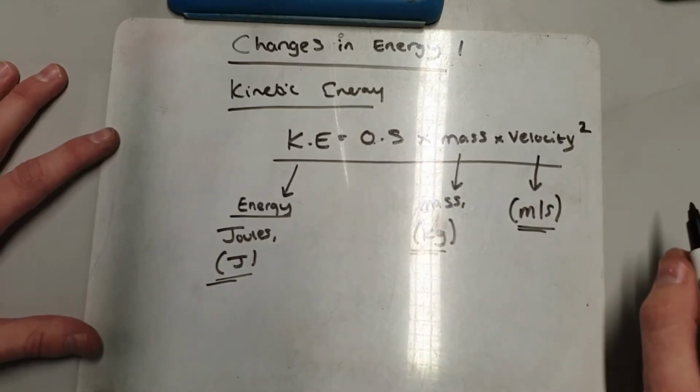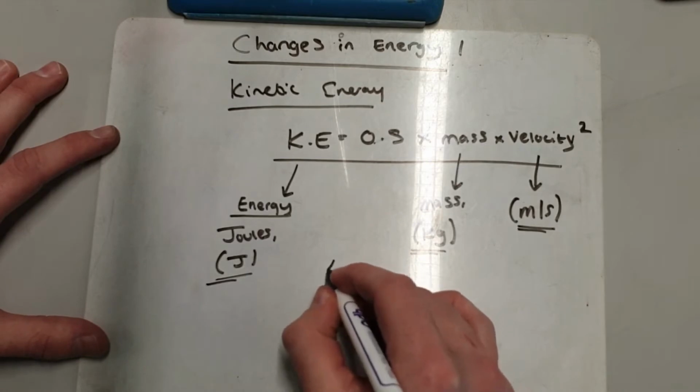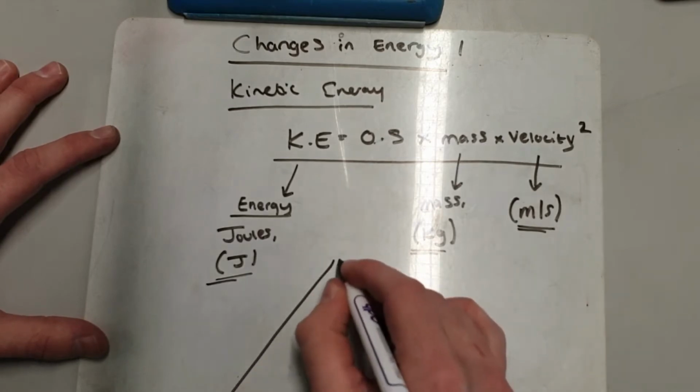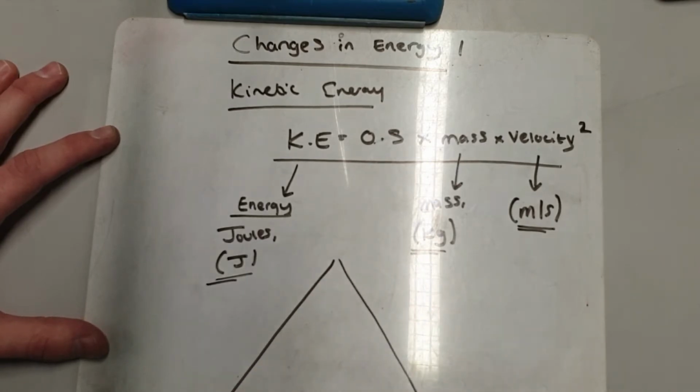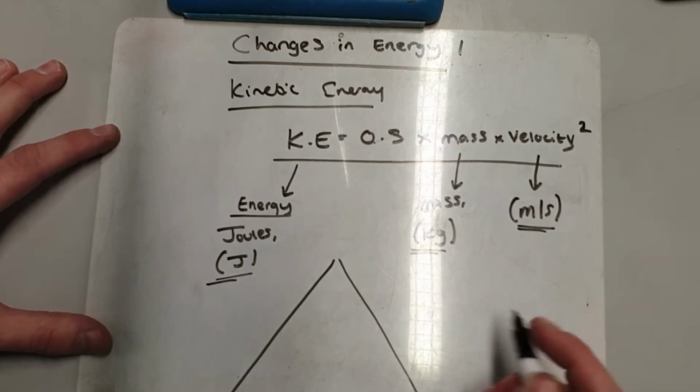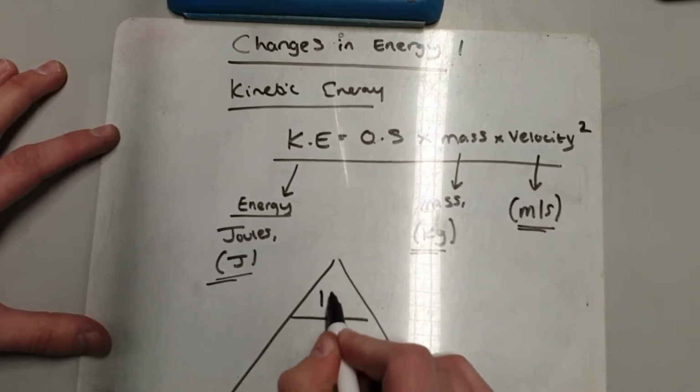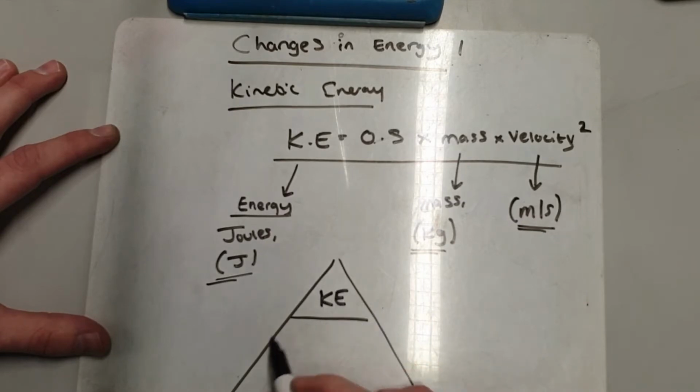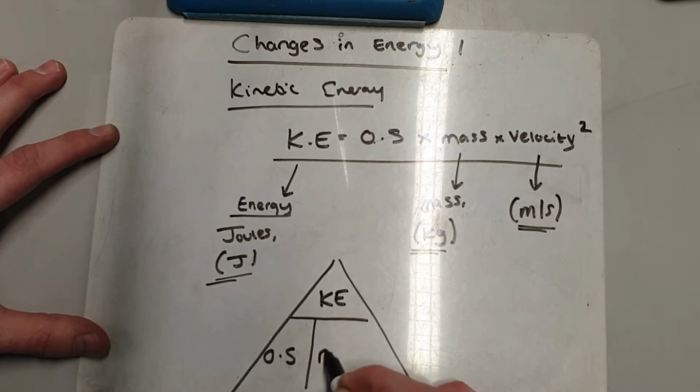Now, like all of your equations, this one can be put into a triangle to make it a little bit simpler to understand, and especially easier when we come to rearranging a little bit later on. So at the top of the triangle goes the kinetic energy, and then underneath that we have the 0.5, the mass, and the velocity squared.